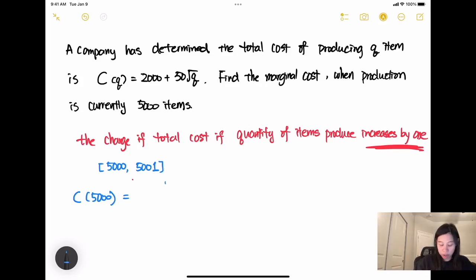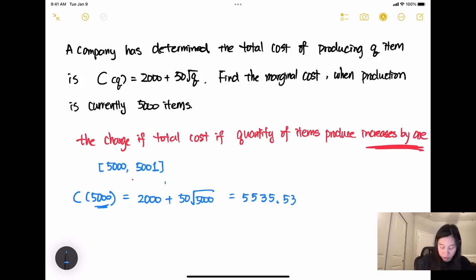So we substitute q equals 5,000 into the formula, which is 2,000 plus 15 square root of 5,000. This is approximately $5,535.53.